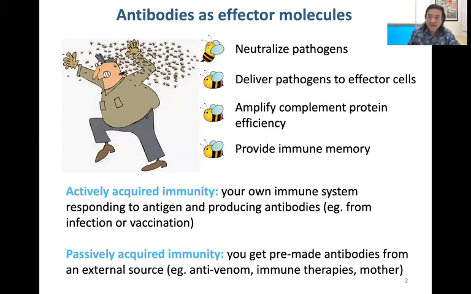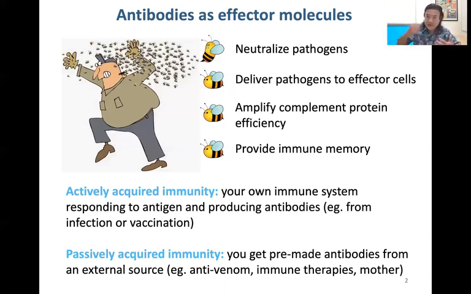Other types of things that are becoming more popular are immune therapies. So many very high profile types of diseases now, especially things like cancer. We will talk about cancer at the end of the semester, but for now, hopefully it's not too far-fetched for you to imagine that if you develop cancer, that actually represents somewhere along the line your immune system failing to protect you against the cancer cells.